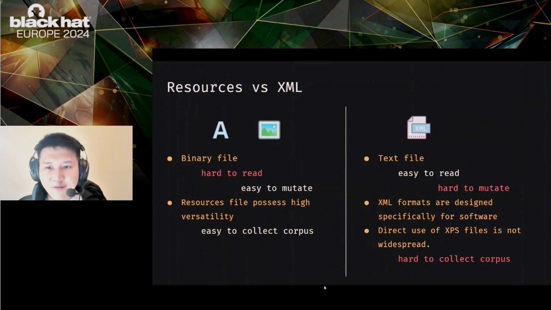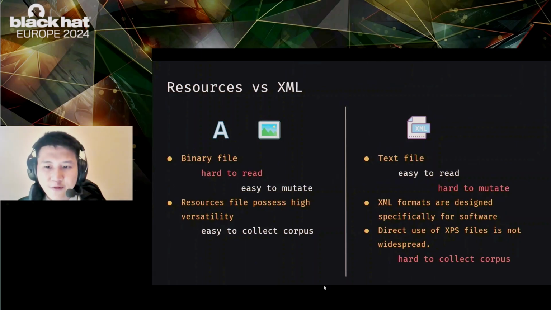It's quite different when it comes to parsing resource and XML. The resource file is in binary format, which is hard to read directly, but easy to mutate for parsing. On the other hand, XML is easy to read, but not as easy to mutate.